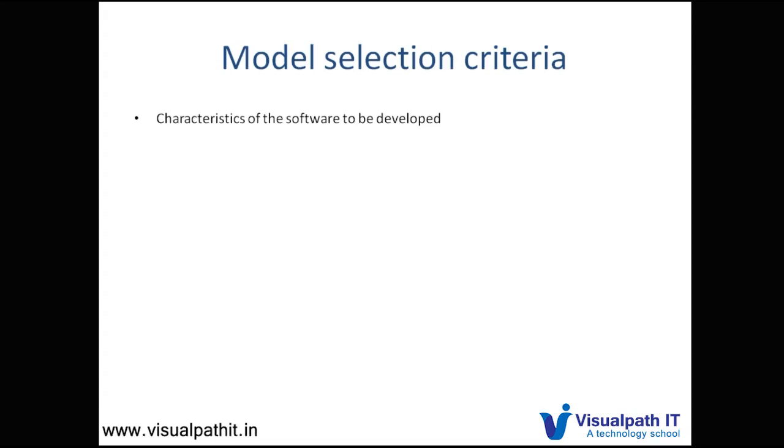Okay. So characteristics of the software to be developed, whether the project is complex or if it is a small one, we can go for agile, or if it is a big one, then we can go for the iterative model likewise.